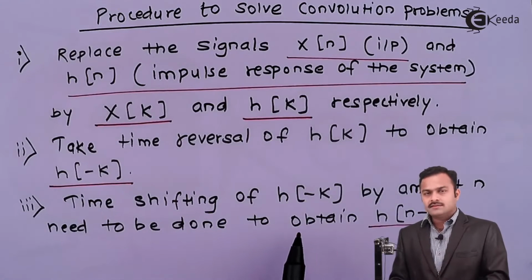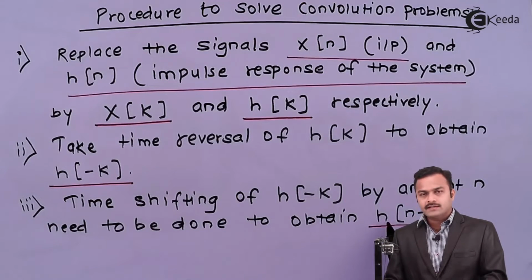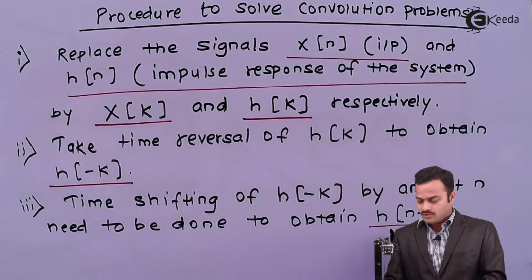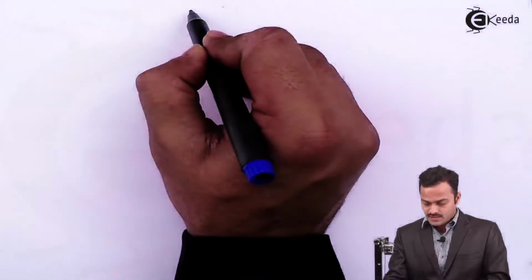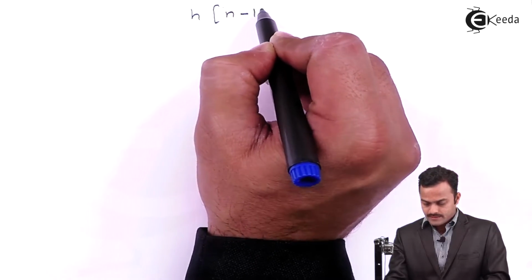Now over here there are two shiftings we can get. Either it will be a delayed version of h of minus k or an advanced version of h of n minus k. So we will see one by one. So now I'm focusing on h of n minus k.